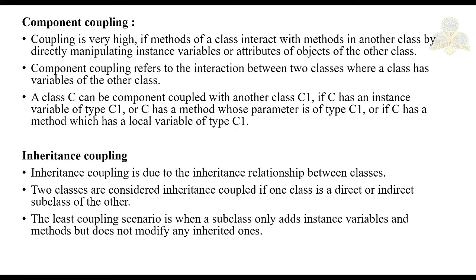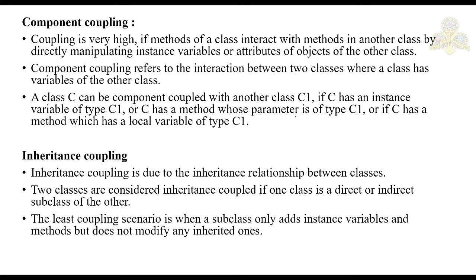The next one is component coupling. We say that coupling is very high if methods of a class interact with methods of another class by directly manipulating the variables or objects of that particular class.